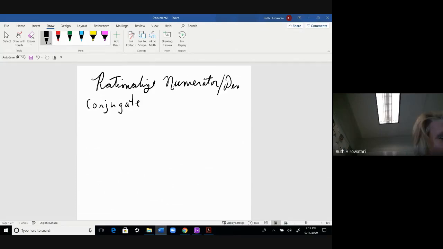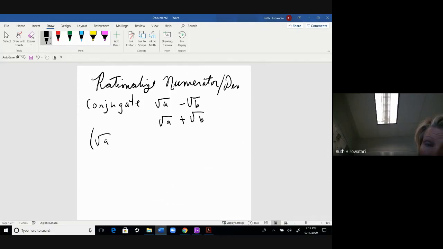It comes from a difference of perfect squares. If you have the square root of a minus the square root of b, the conjugate is the square root of a plus the square root of b. When we multiply by the conjugate, all of your roots go away.